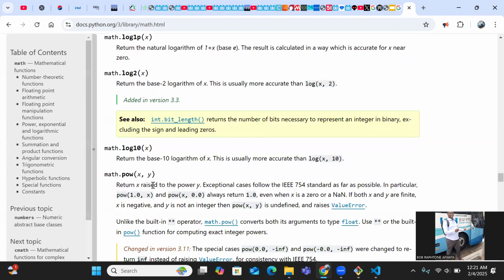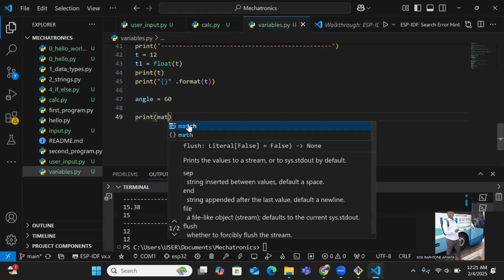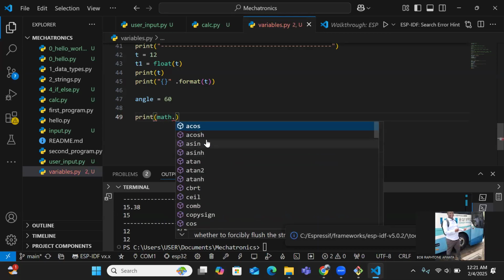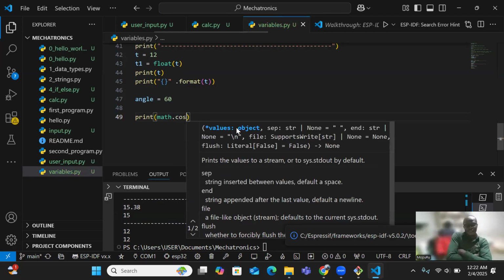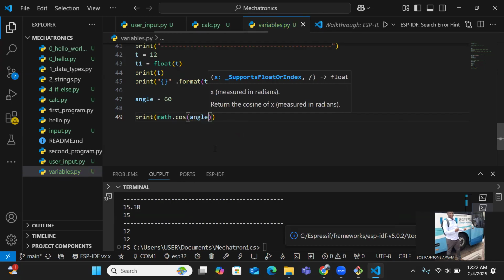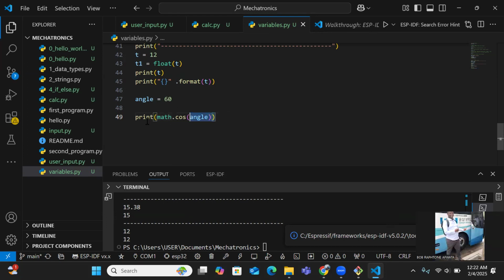Okay, so it should be math dot. So you print math dot cos angle. Are you together? Yes, you say math dot cos angle.